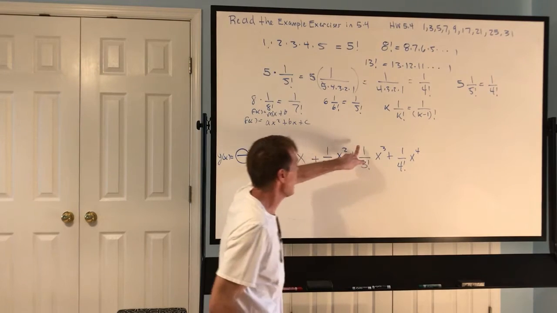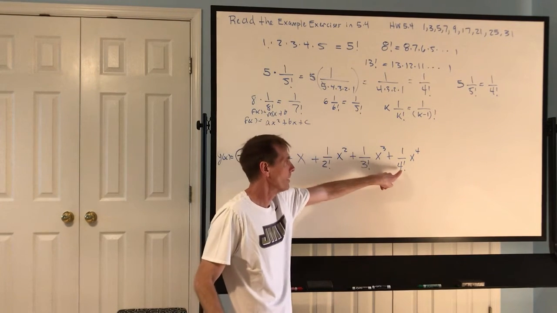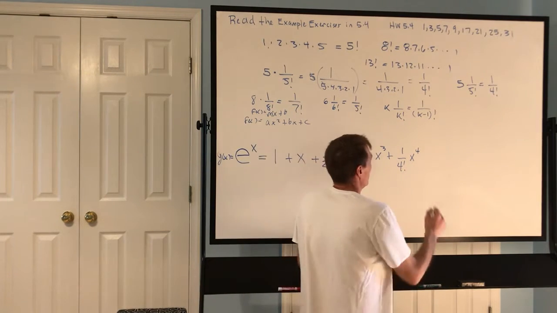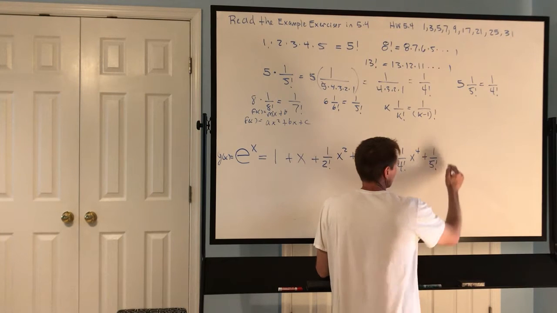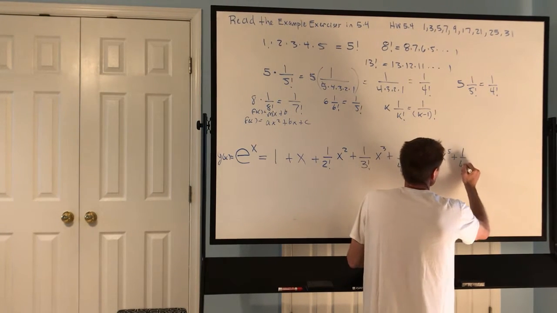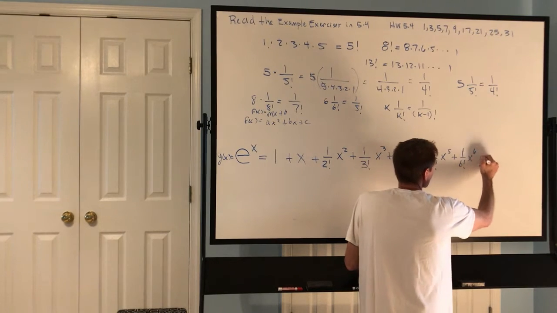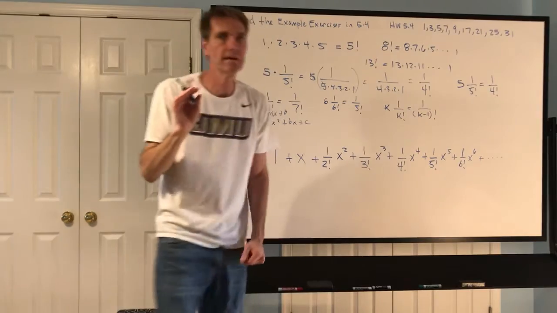Now, if we blew this out, this would be 1/6, and this would be 1 over 24. Now, here's the kicker. This keeps going on forever and ever. And so that's what makes this complicated.